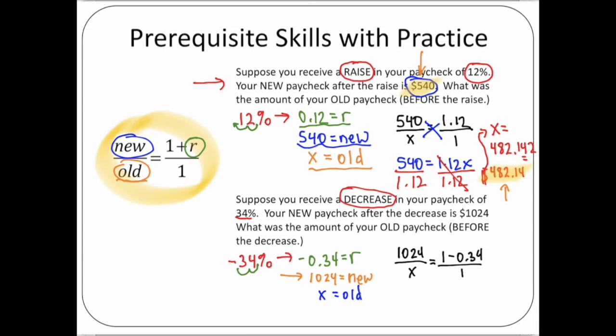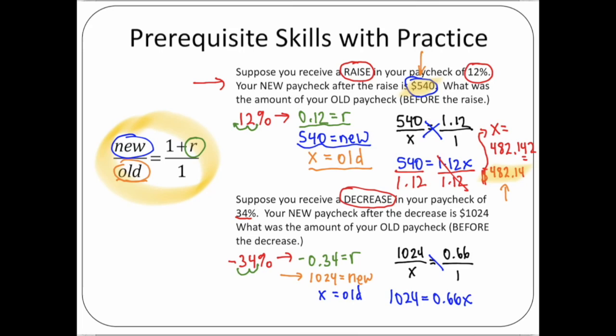Okay, so got everything all plugged in here, and I'm going to settle up this guy right here by subtracting it. So that we have 0.66, and let's do our cross multiplication again. So 1 times 1024 is just that. So I got 0.66x.